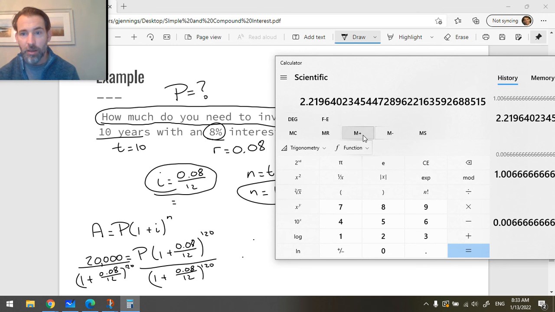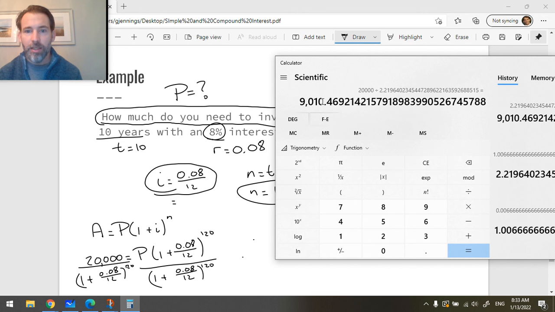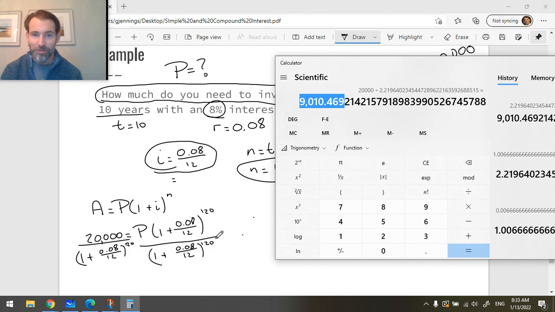So I'm going to put this into memory on the calculator. I'm going to write the number 20,000, and then divide by what's in the memory. Memory recall, equals. This is the amount of money we need to invest: $9,010.47. That'll give us $20,000 in 10 years.